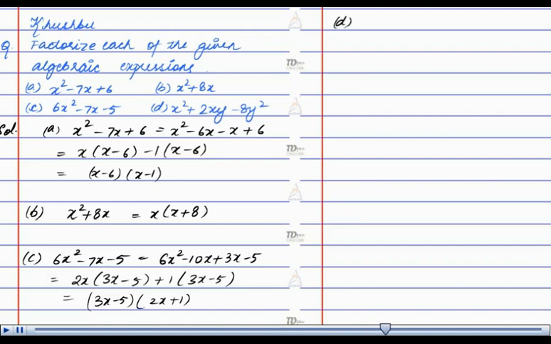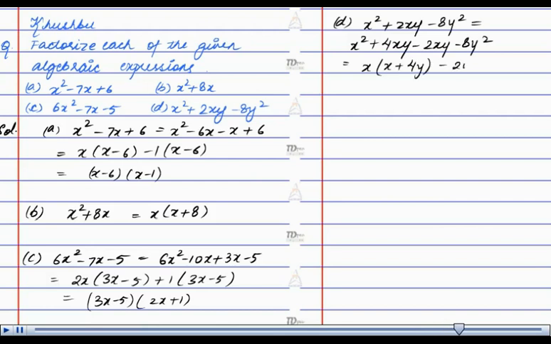Taking the last expression, that is x square plus 2xy minus 8y square, we can break down the middle term as 4xy minus 2xy. Taking out x common from the first two terms, we are left with x plus 4y.